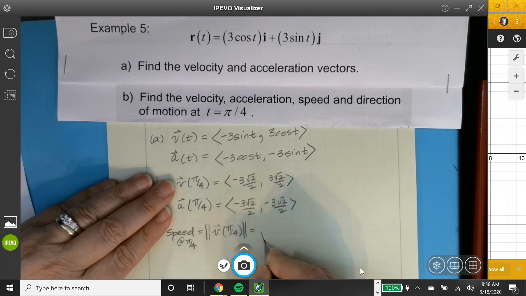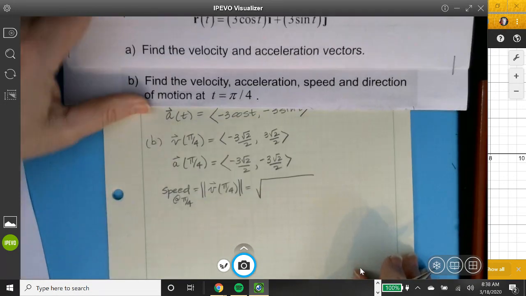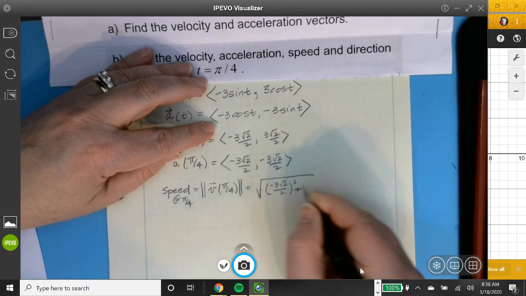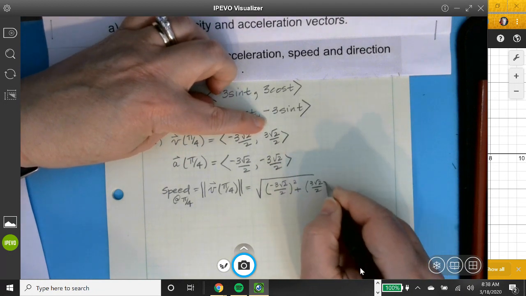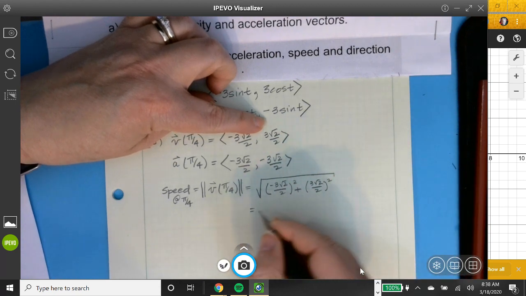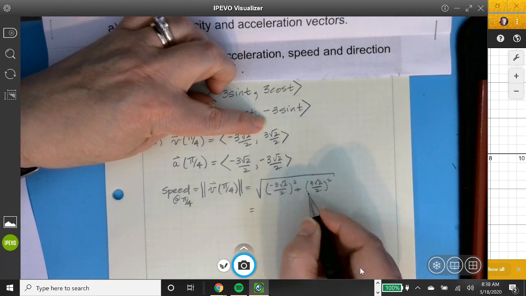Well, what does that mean? We're just going to take the square root of the component parts squared, which means I'm going to say negative 3 root 2 over 2 quantity squared plus 3 root 2 over 2 quantity squared. And that's going to equal, that's 9 times 2, which is 18 over 4, which is 9 over 2.